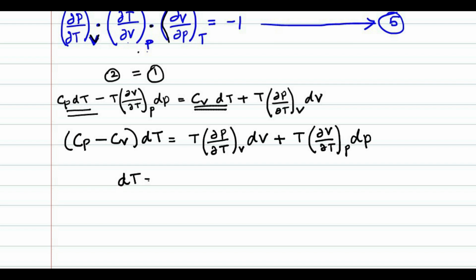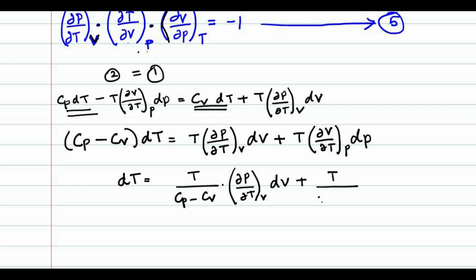Now dT is equal to T divided by Cp minus Cv into dou P by dou T at constant volume into dV plus T divided by Cp minus Cv into dou V by dou T at constant pressure into dP. You bring Cp minus Cv to the right hand side, so it comes in the denominator.